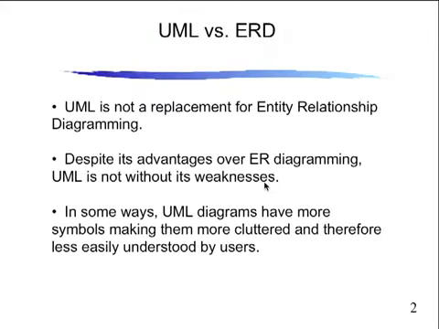So let's take a look at UML versus entity relationship diagramming and conclude with the big picture in terms of what we're doing in our analysis and our design, because this applies to both concepts. UML is not and can never be a replacement for entity relationship diagramming. It doesn't replace it, which is a common mistake a lot of people make, especially when they assume they're going to implement their project in an object-oriented methodology, or it's going to be a Java platform item.